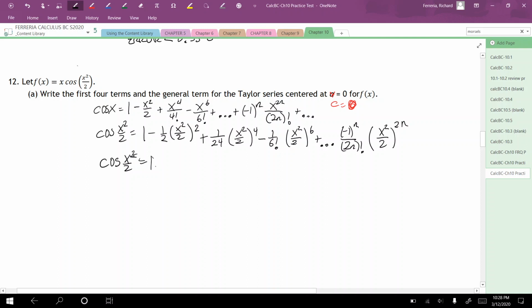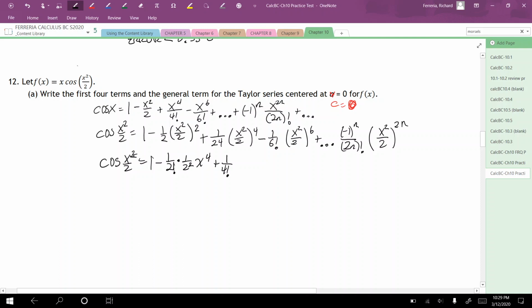equals 1 minus, same error again, minus 1/2. 1 over 2 squared times 1 over 2 squared. I think I'm going to return this to a factorial actually. 2 squared x to the 4th power plus 1 over, I'm going to return this also to a factorial.